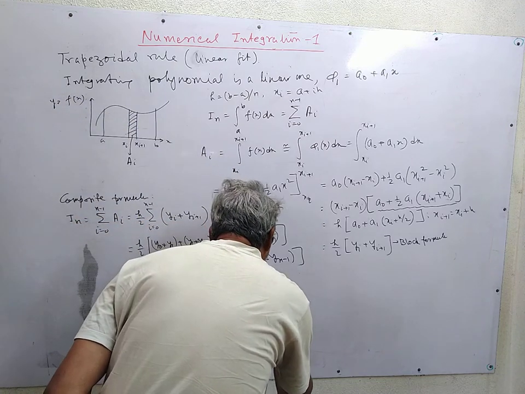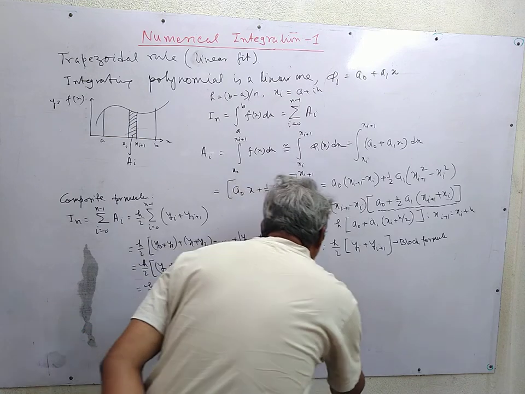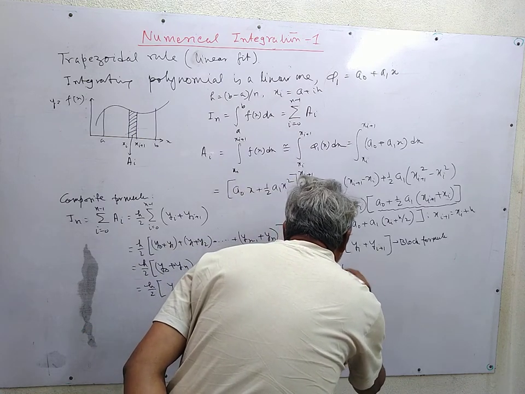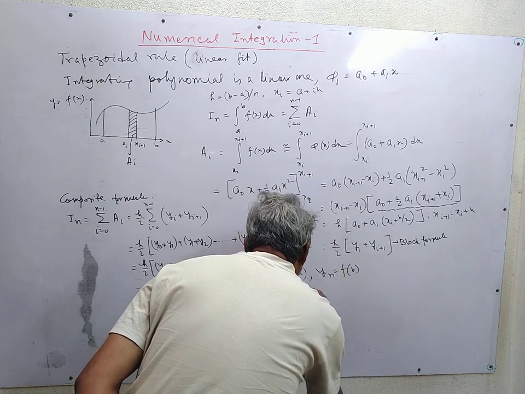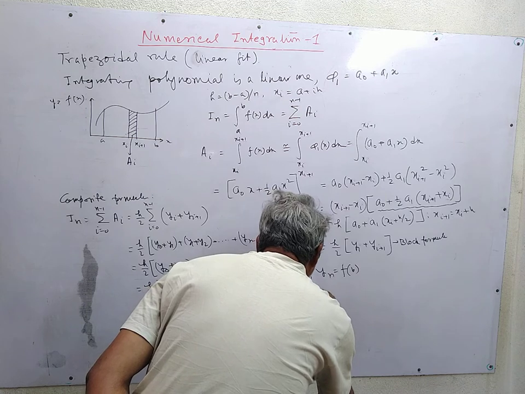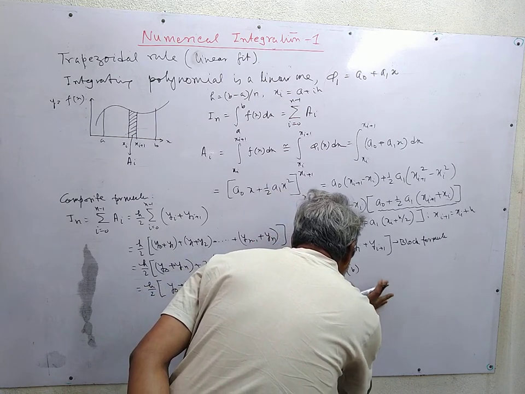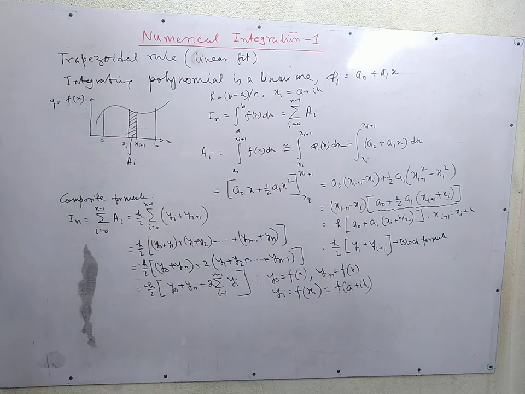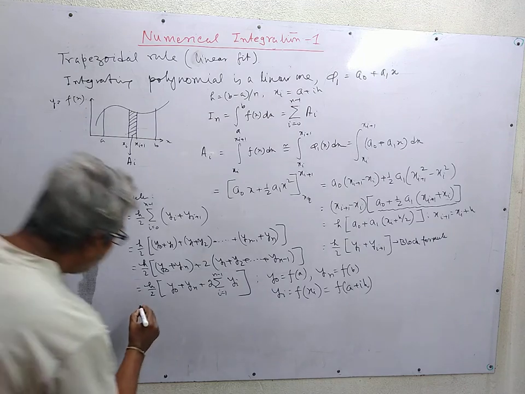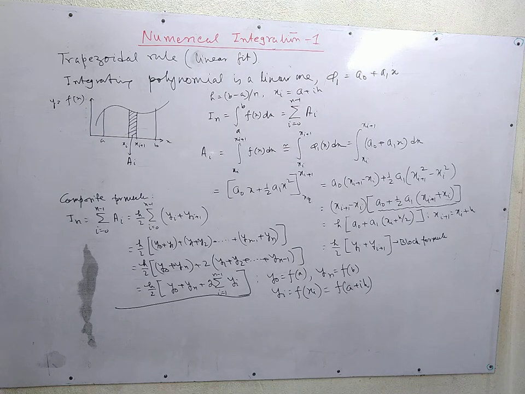Furthermore you note that y0 is the value of the function at x equal to a, yn is the value of the function at x equal to b, and yi is the value of the function at xi, equal to f of a plus ih. So this is the formula for trapezoidal rule, in which the integrating polynomial is a linear polynomial.